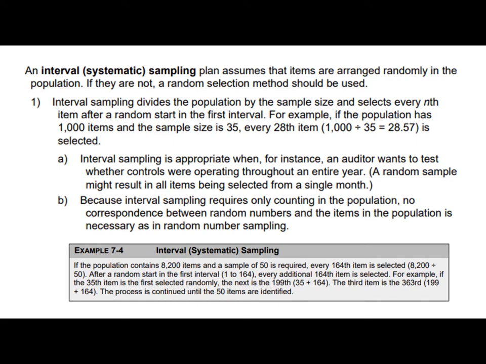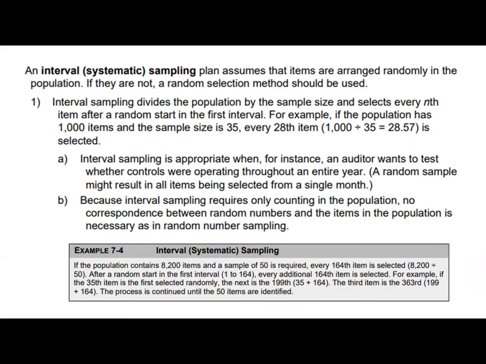Thereafter, every 28.57th item you are going to pick. If the first one is the 10th item, the second one is 10 plus 28.57, that is 38.57, and then 38.57 plus another 28.57, about 67, and then you add another 28.57, and so on.